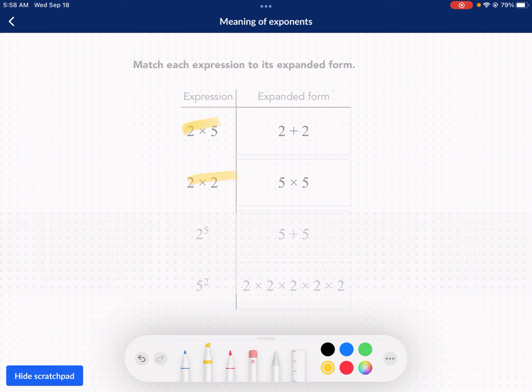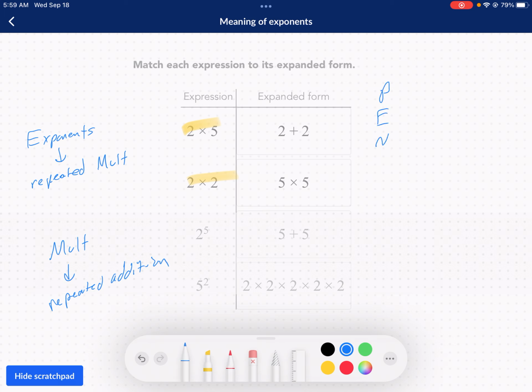So we're going to look for anywhere we have addition, because exponents are repeated multiplication, and multiplication is repeated addition. I'm not sure if you guys were aware of that. That's why there's an order of operations with parentheses, exponents above multiplication, and then multiplication above addition and subtraction.